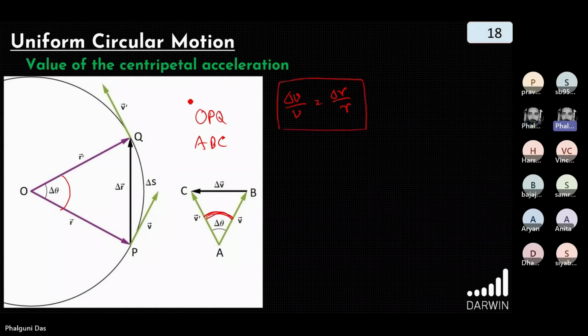Now from P and Q, since they are a very large distance apart, I can say delta R and delta S have different values. But suppose P and Q are very close. In that case, delta R is almost equal to delta S if the points P and Q are close, right?